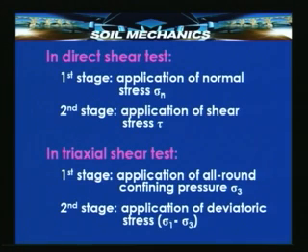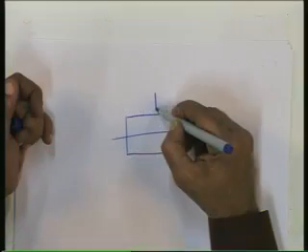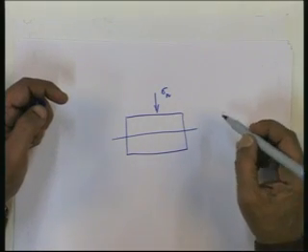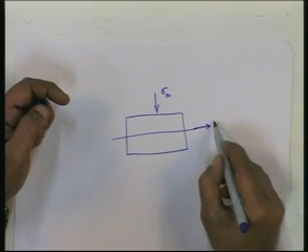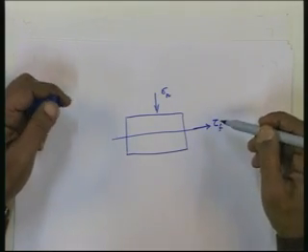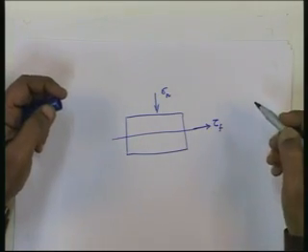In the direct shear test, the first stage of confinement corresponds to the application of the normal load. If I have a direct shear sample, this is the failure plane; application of the normal load sigma n corresponds to the confining stress, and the application of the shear stress until failure corresponds to the second stage of loading.